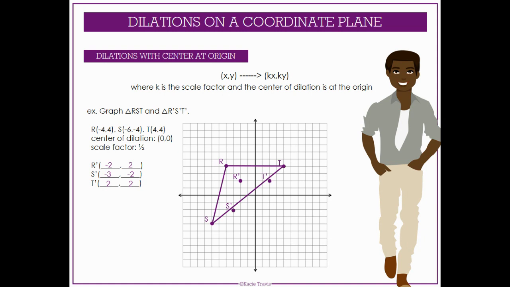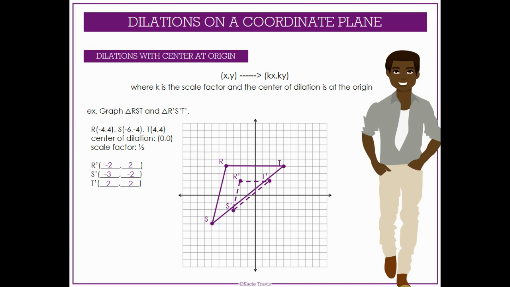And here it is, getting closer to our center of dilation. Just notice that all your points should be getting closer to the center of dilation. If this were a larger scale factor, they would be getting further away. But as long as you know the points for your original one, you can dilate as you need to.